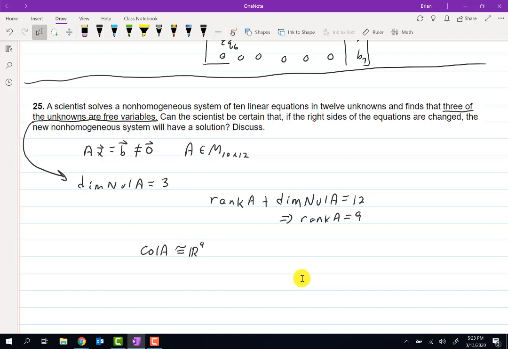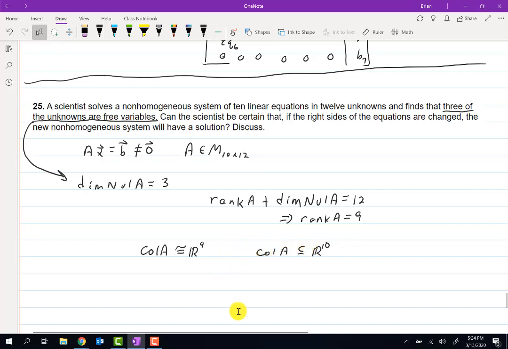Unfortunately, the column space of A is a subspace of R^10. So the column space of A has dimension 9, the dimension of R^10 is 10, so there are vectors that are outside of the column space of A.